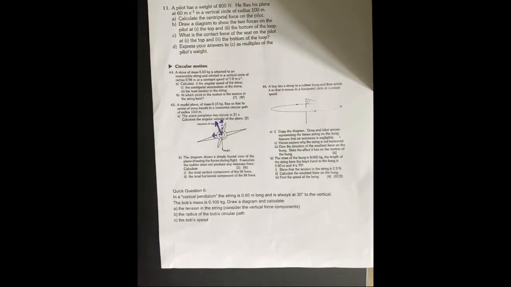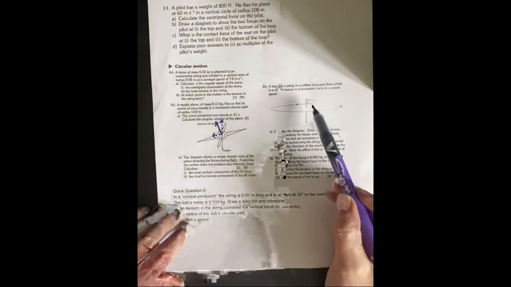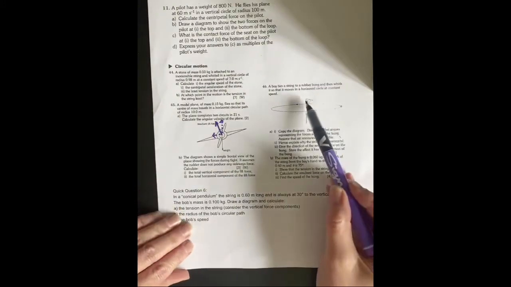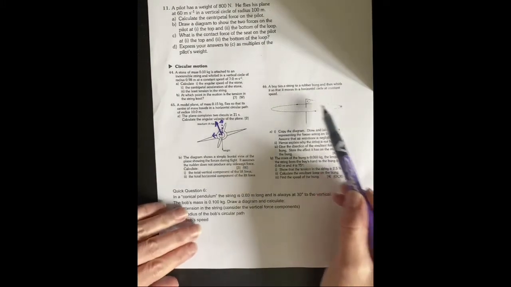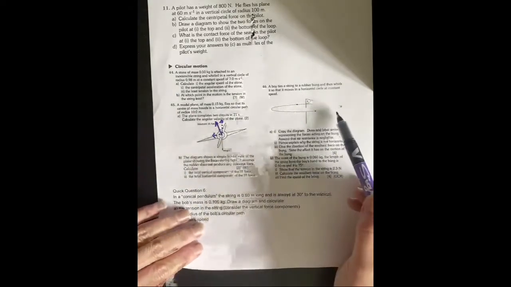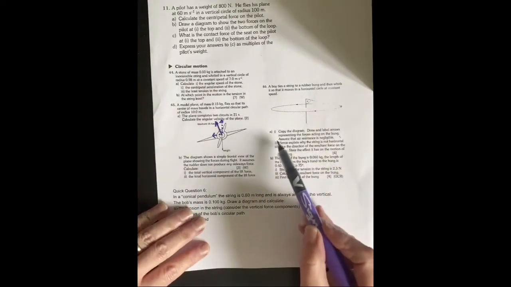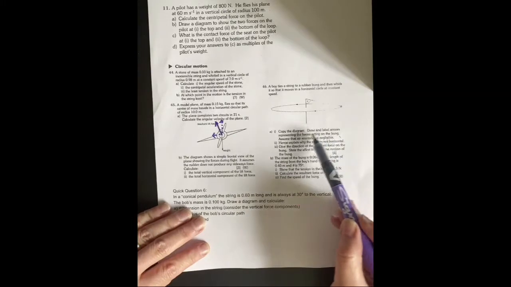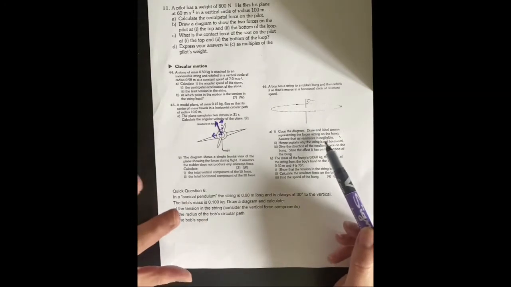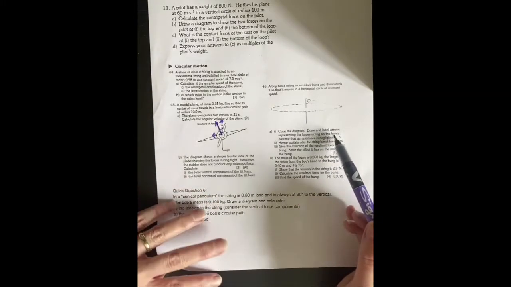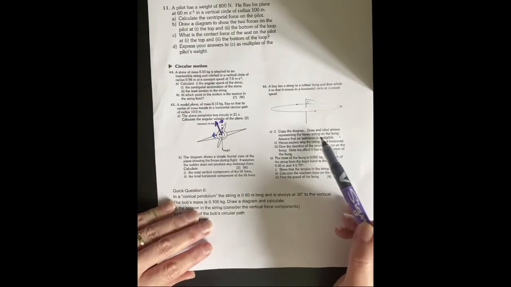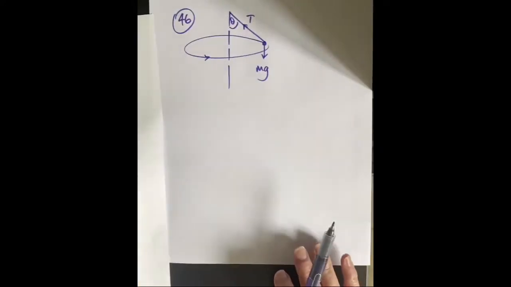Okay, last one, question 46, which is one of these trickier examples of motion where the object is circling at an angle. Okay, and the first bit actually says copy the diagram and label, draw on and label the forces. So there's no air resistance, and this is tricky, right?